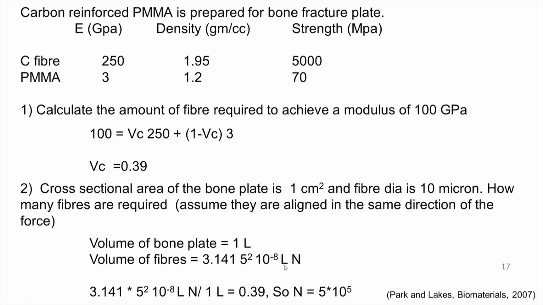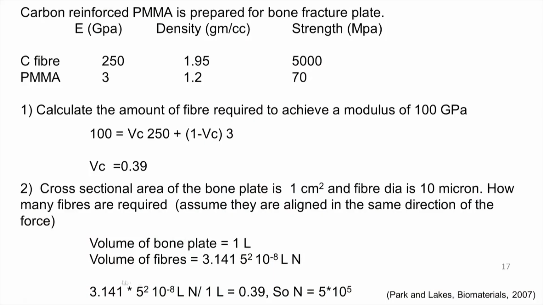L is the length of the fiber because the fiber is along the bone plate, and n is the number of fibers we take. So, this will be equal to the volume of one fiber, area into length, multiplied by n fibers, okay. So, this divided by this should be equal to 0.39, because that will be the total volume fraction of the fibers.